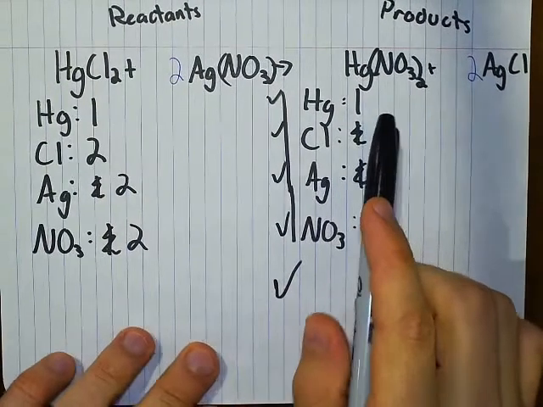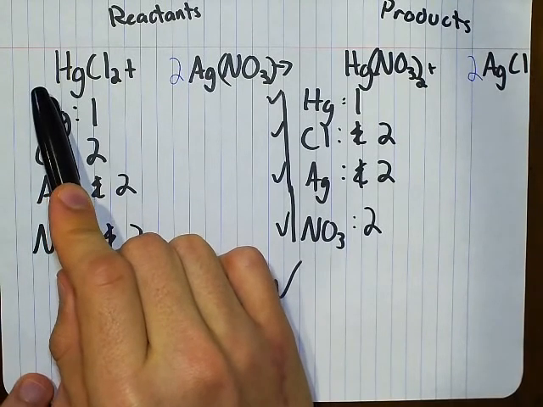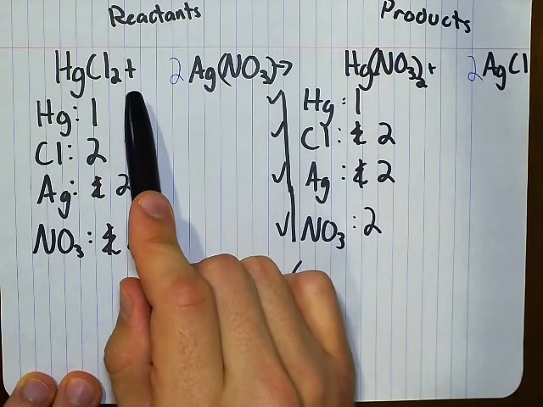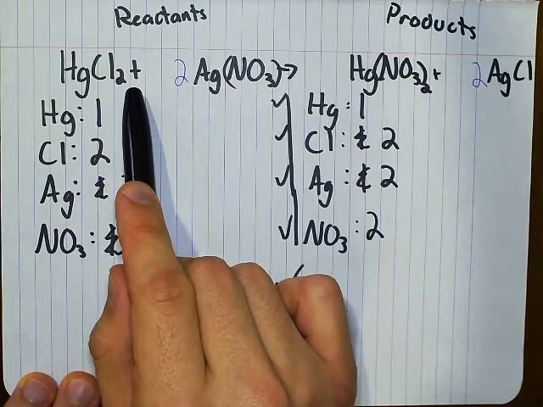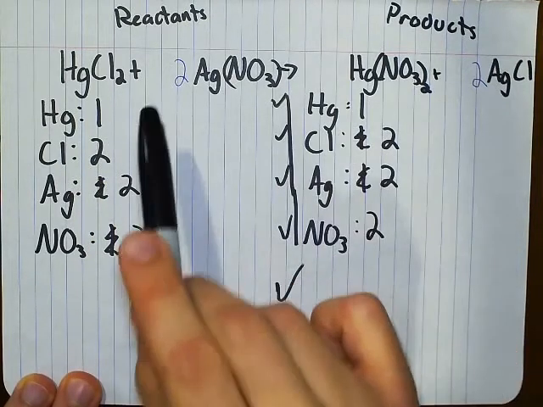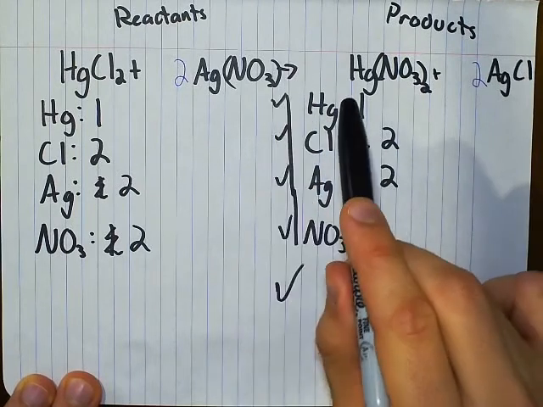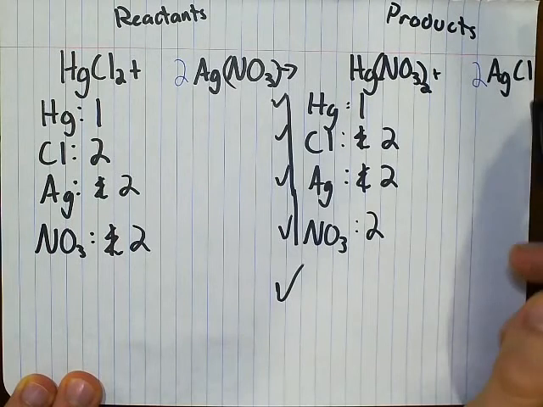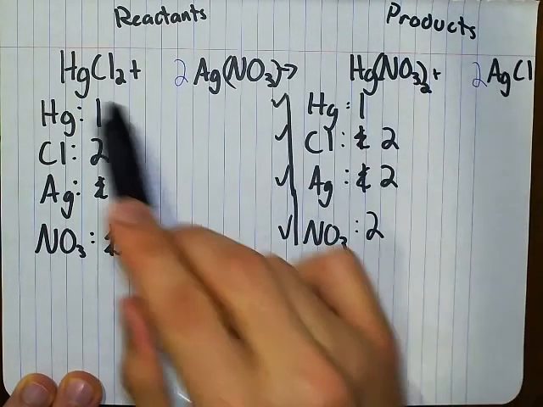So our chemical equation is now balanced. What this tells us is that it takes 1 molecule of mercury chloride, and I guess that would be mercury 2 chloride, 1 molecule of mercury, 2 molecules of silver nitrate to react and get us 1 molecule of mercury nitrate and 2 molecules of silver chloride.